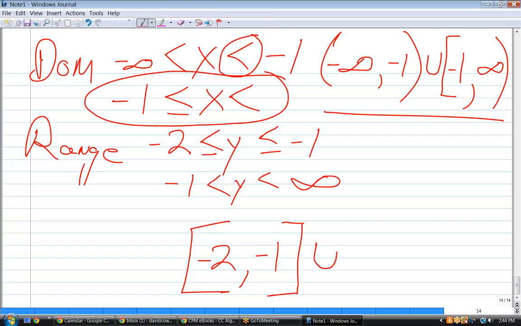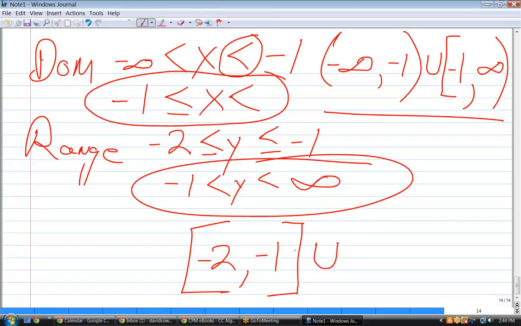Combined with parentheses or bracket? Bracket. Parentheses. Well, no. Okay. Infinity. Like that. Okay?